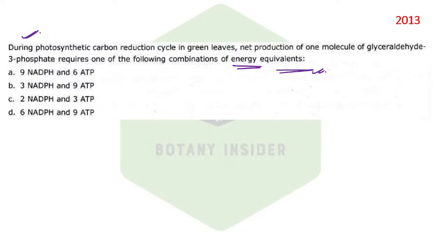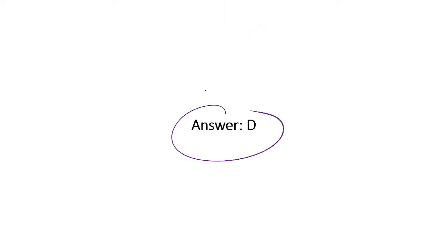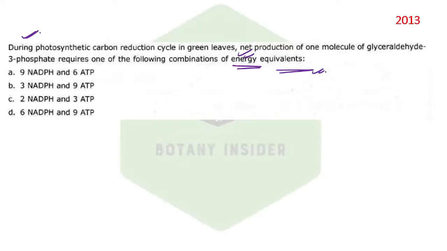Okay, let's see. Easy question. You're asked about the photosynthetic carbon reduction cycle in your green plants. In this, one molecule of glyceraldehyde 3-phosphate would require the combination of the energy equivalents. Answer is option number D. Not able to recall the things properly. 6 NADPH and 9 ATPs.